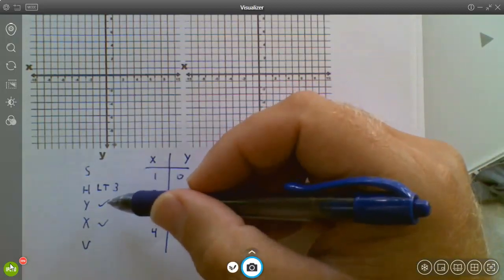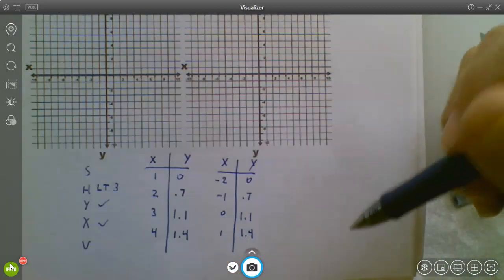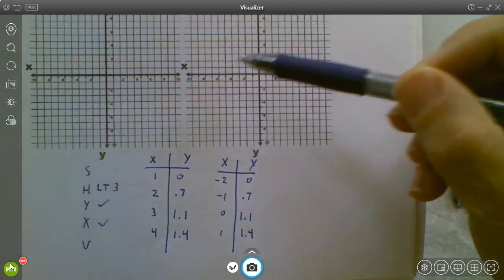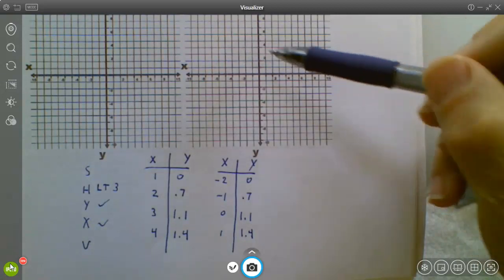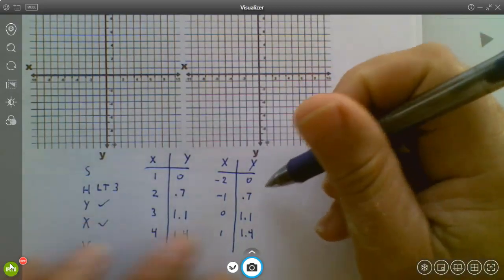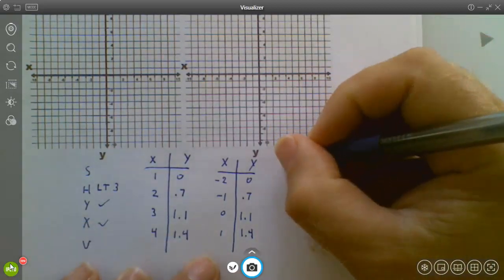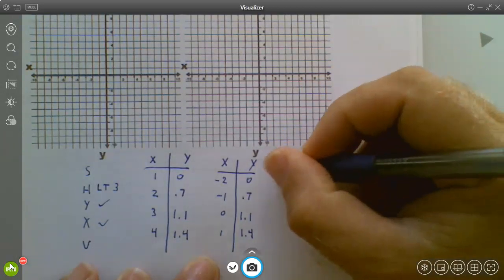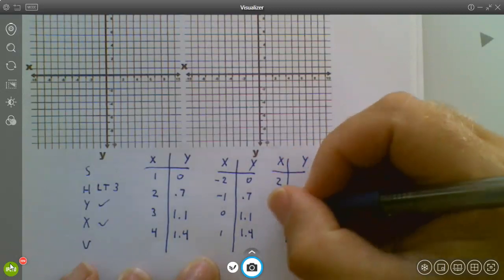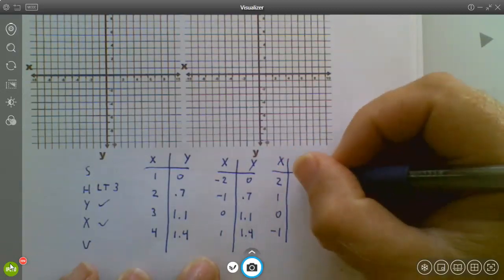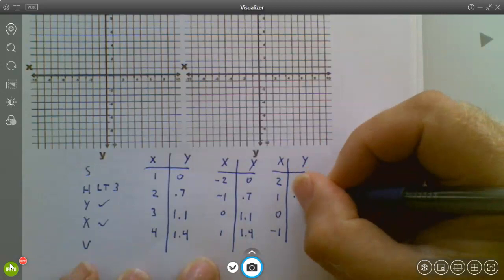Next in your order of operations is to reflect across the y-axis. Remember, to reflect across the y-axis is to go this direction, which means your x's are changing signs. So for the next step, I'm going to change the sign on my x's so that it becomes +2, +1, 0, -1. These have not yet changed.